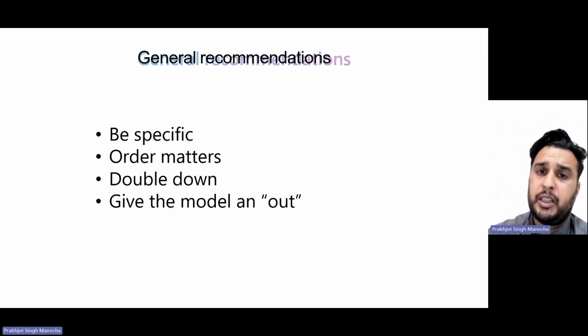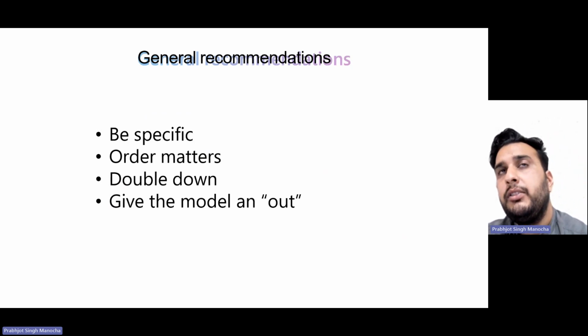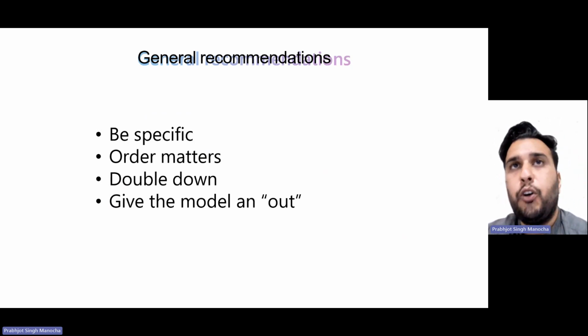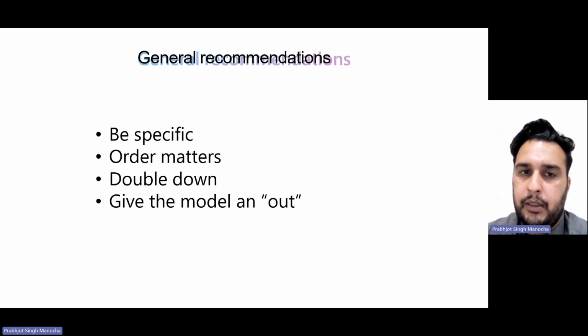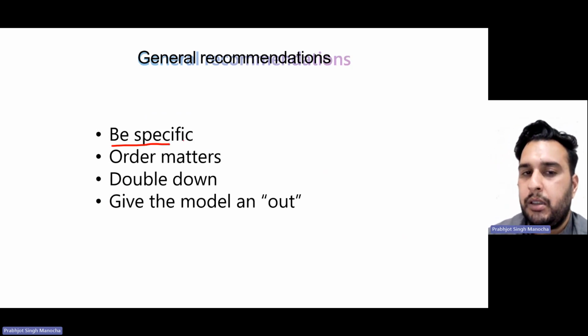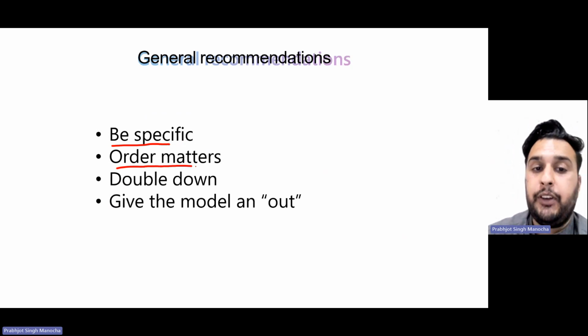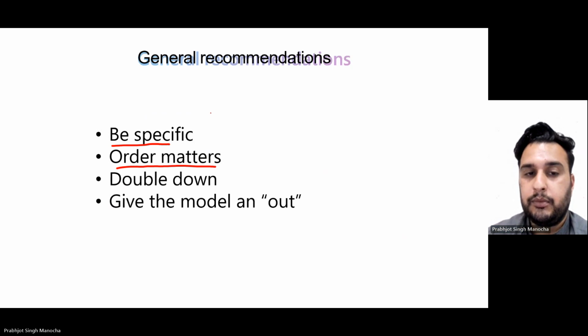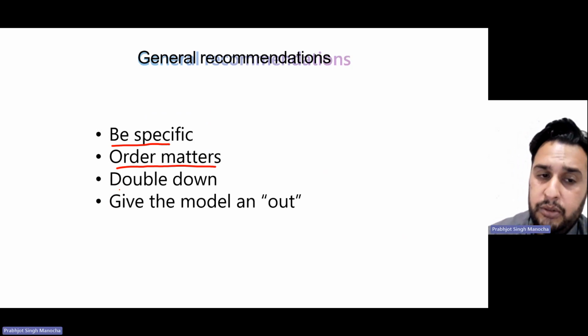There are some general recommendations with respect to prompts, wherever you are using the various tools, like for generating text, audio, video, whatever it is. Be very specific about what your expectation and your instruction is. The order is very important, it matters a lot. You double down and check it.